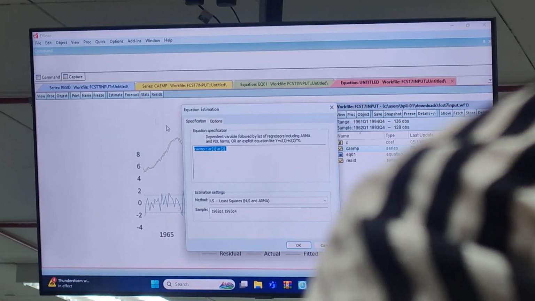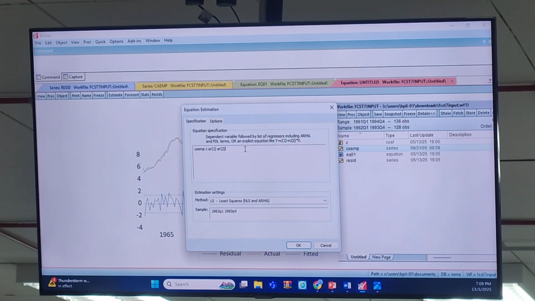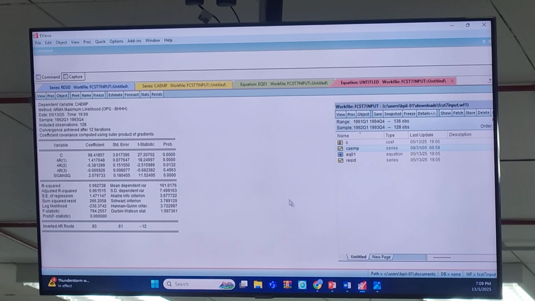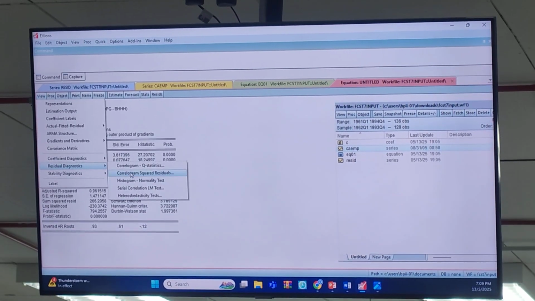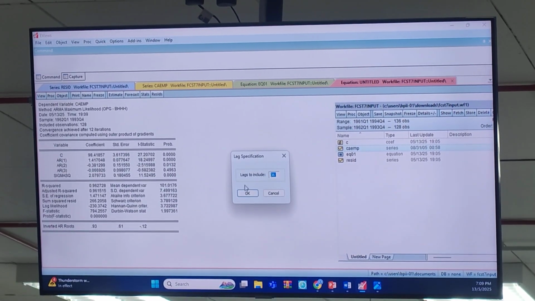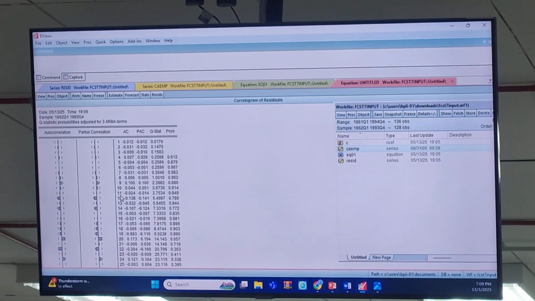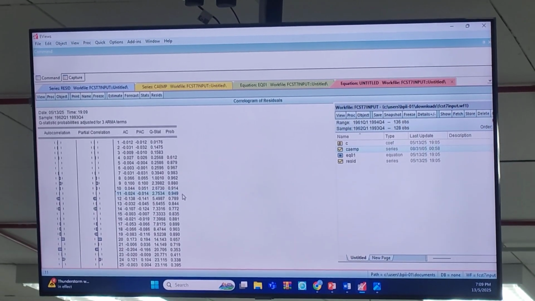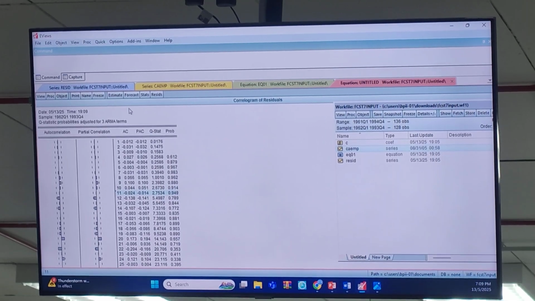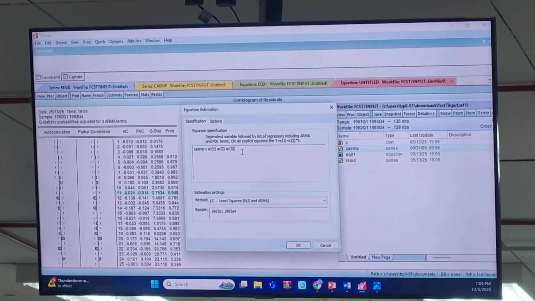How about AR3? You can just add one more. So for AR3, you check the inverse of AR roots, all inside, and then is the residual white noise or not? Residual is white noise. This one also can be used as a model. AR4, one more.